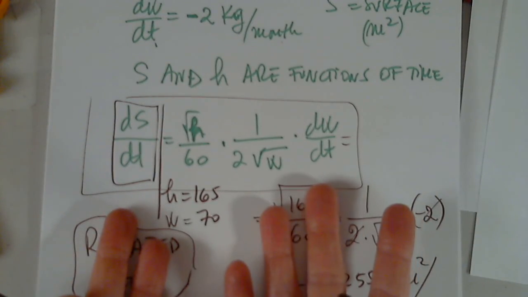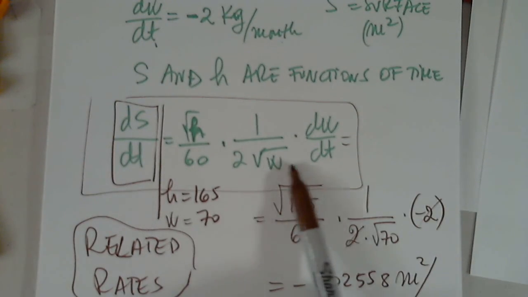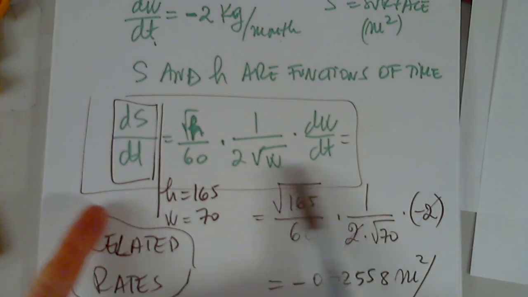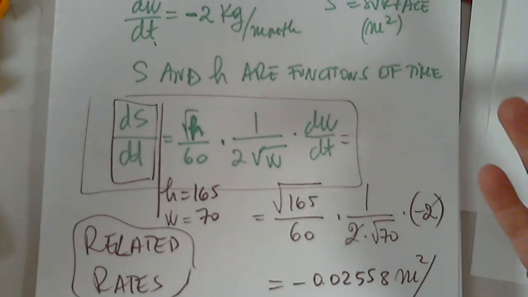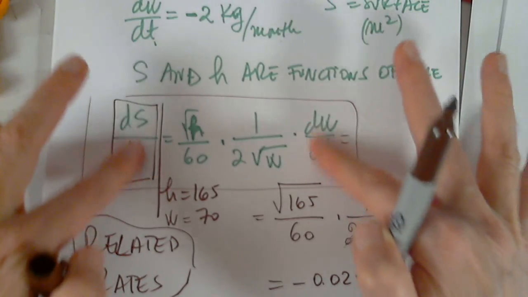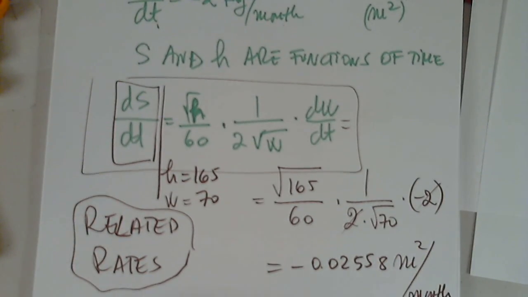This is the equation that says dS over dt equals blah, blah, blah, dW over dt. So there's an equation that links together the two rates of change. That's why this whole concept is called related rates. The variables are related through an equation, therefore their rates of change are related as well.